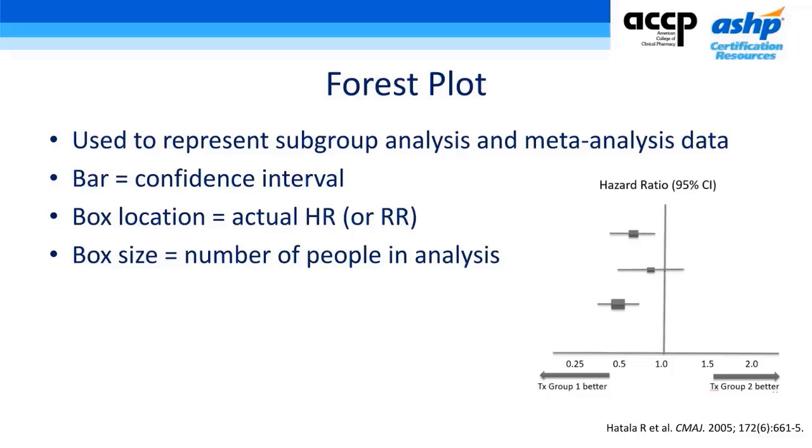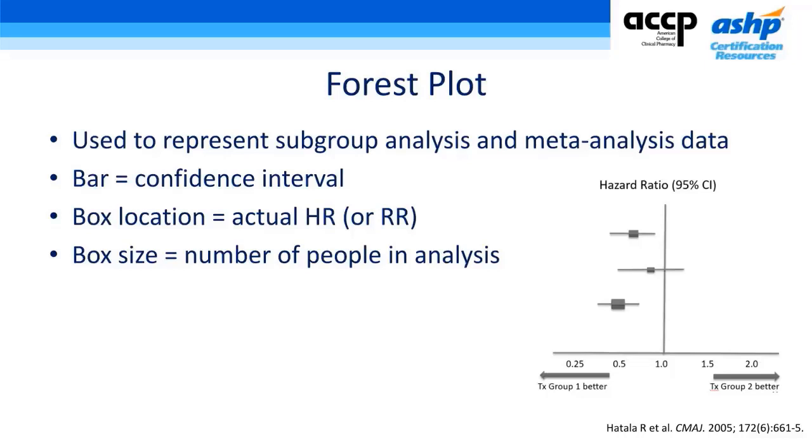So the x-axis, you have the numbers for this example for the results and for the hazard ratio. So a hazard ratio of 1, as we discussed earlier, is there is no difference between the treatment groups. And so below 1 means treatment group 1 is better, and then above 1 hazard ratio would mean that treatment group 2 is better.